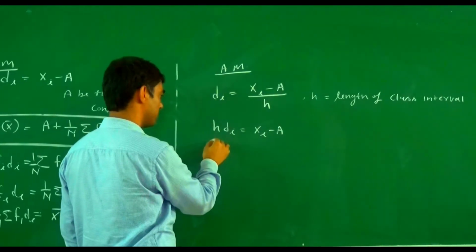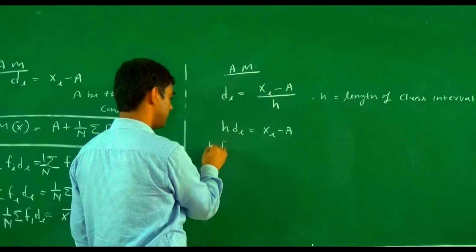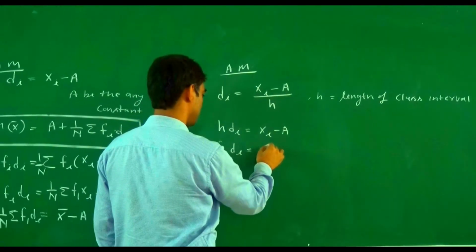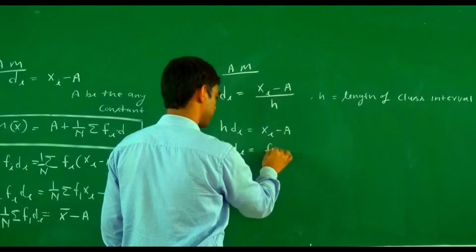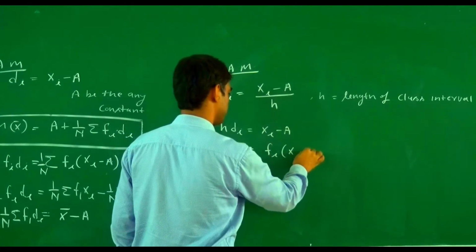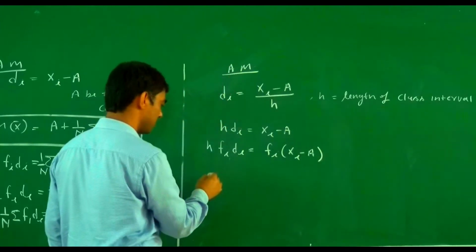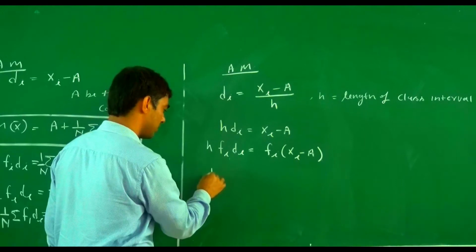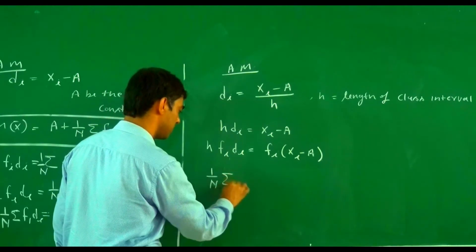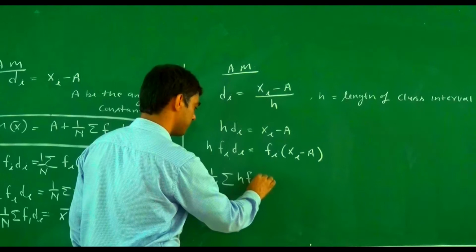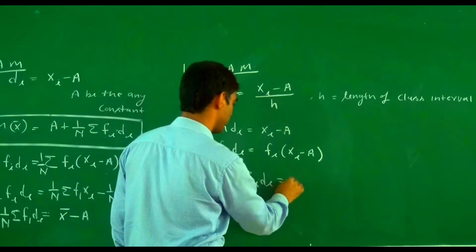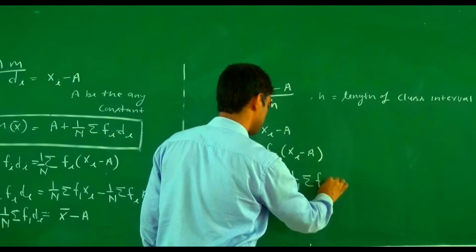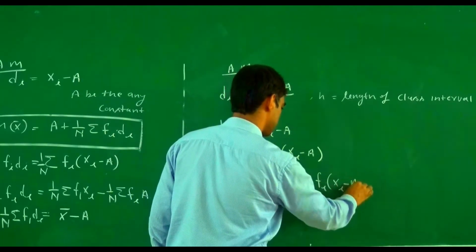Then multiplied by the frequency, this becomes h into fi di equals fi into xi minus a. Take the summation on both sides and multiply by 1 upon n, then 1 upon n summation h fi di equals 1 upon n summation fi into xi minus a.